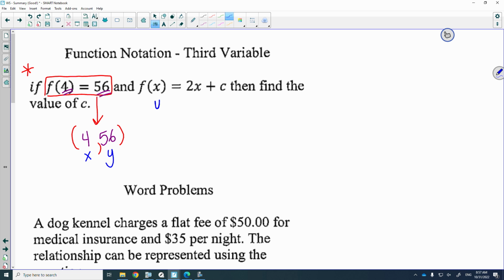So let's rewrite this as y is equal to 2x plus c. On this graph, this is a point. They want us to calculate the value of c if they give us a point. Do you know how you would do that? How would you do it? What would you do, Julius, for this guy?